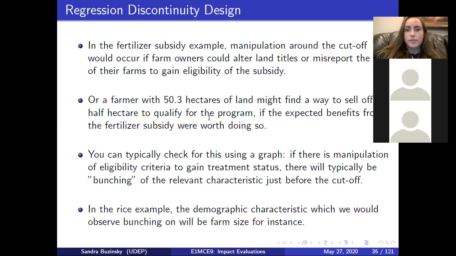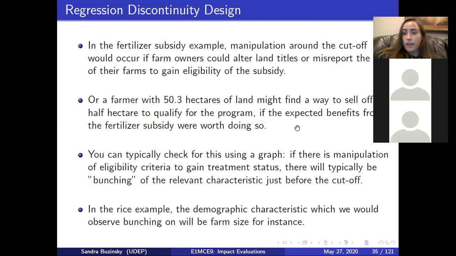Or even a farmer with 50.3 hectares of land might find a way to sell half a hectare of land to qualify for the program, if he thinks that the expected benefits of the subsidy are worth selling this land. So you would be concerned that if the program is really beneficial like that, people are willing to change their running variable.